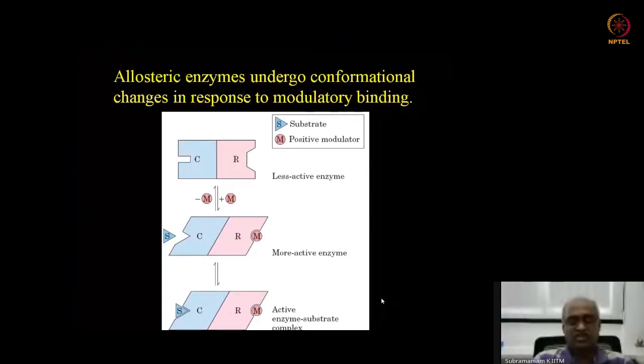Let us say you consider the subunit to which oxygen first binds as subunit 1. Now for subunit 2, its activity is enhanced by the binding of oxygen to subunit 1.